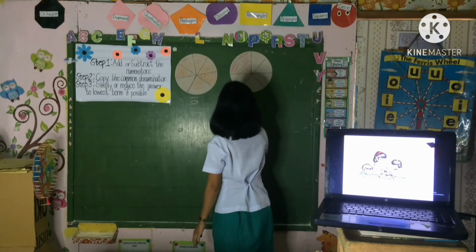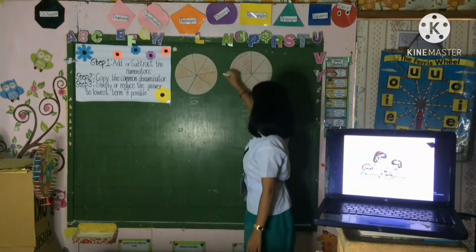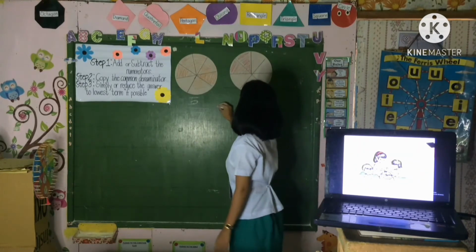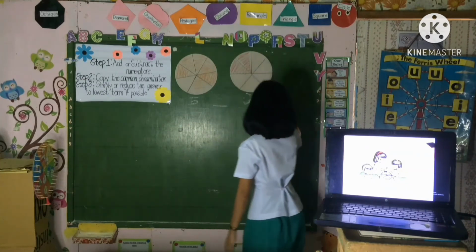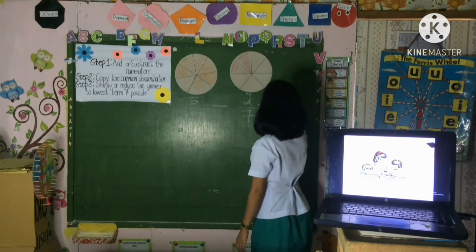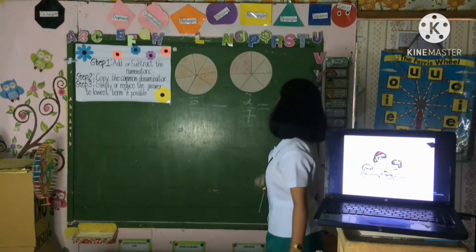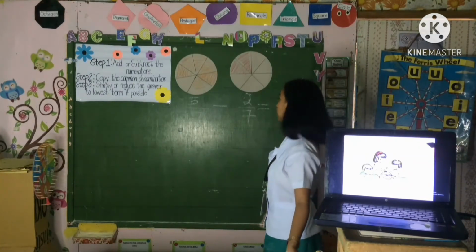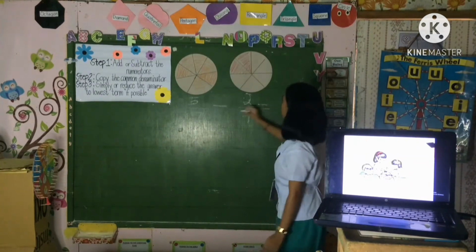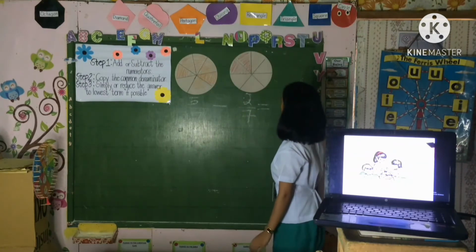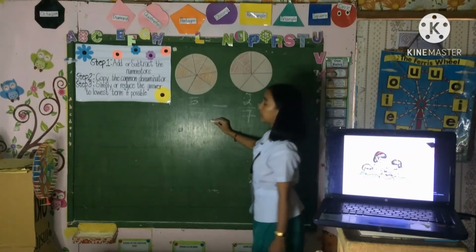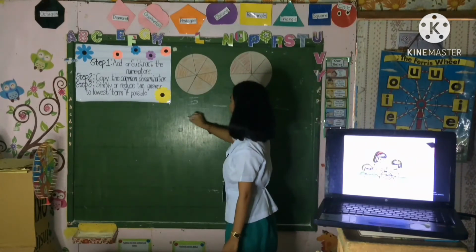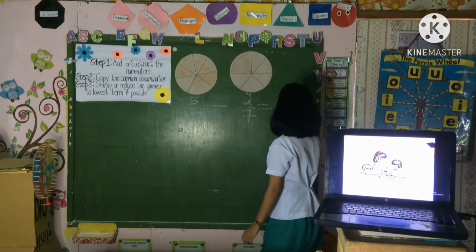So, okay, the operation to be used is subtraction. Anyone from the class, try to solve this by following these steps. Okay, 5 minus 2 is equal to 3. Next is copy the common denominator, which is the 7.